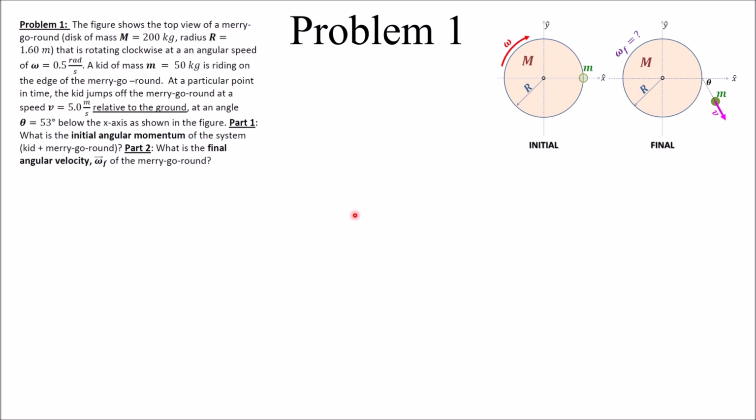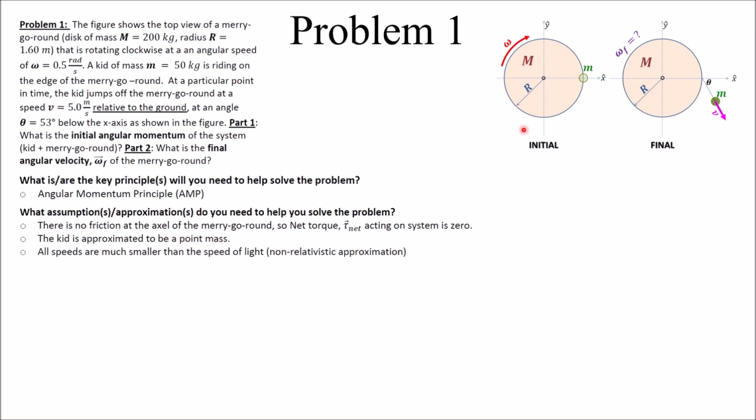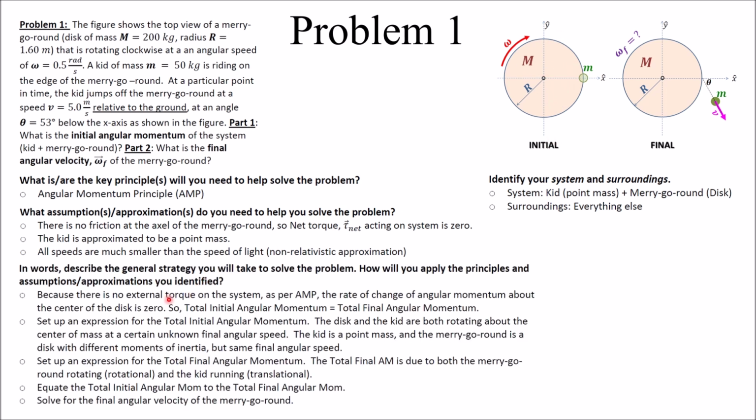We are going to use the angular momentum principle, and we will assume there's no friction. We'll assume the kid can be approximated as a point mass, and that the speeds are much, much less than the speed of light. The surroundings are everything else, and for our system we're going to treat the merry-go-round as a disk and the kid as a point mass. In general, we can assume there's no external torque, which means the rate of change of angular momentum is zero.